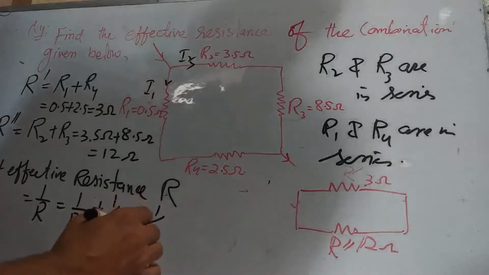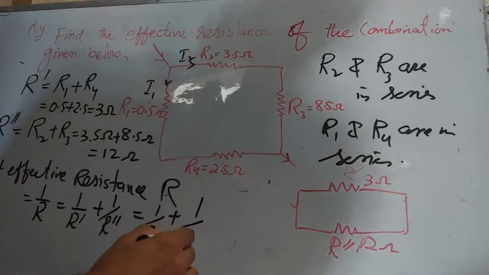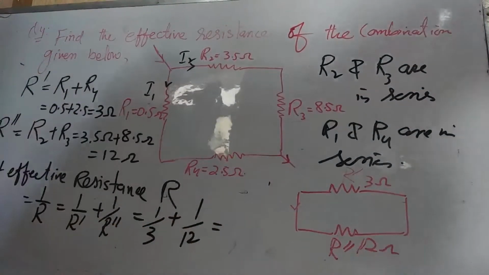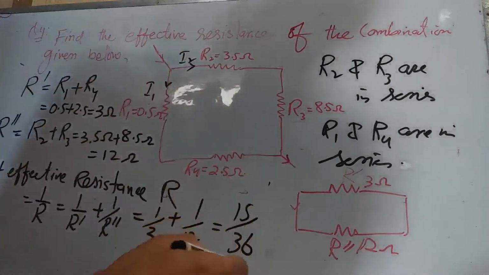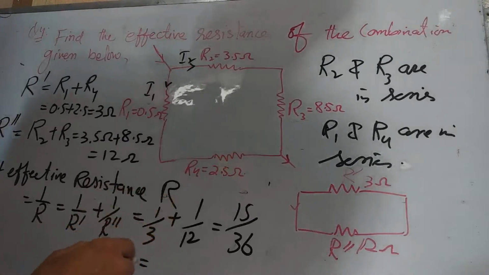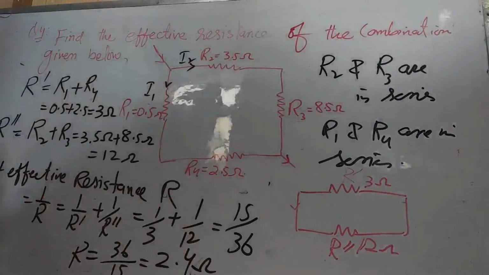This is equal to 1 by 3 ohm plus 1 by 12 ohm. When I calculate this, I get 15 by 36. So R is equal to 36 by 15, which is equal to 2.4 ohm. So net resistance is equal to 2.4 ohm.